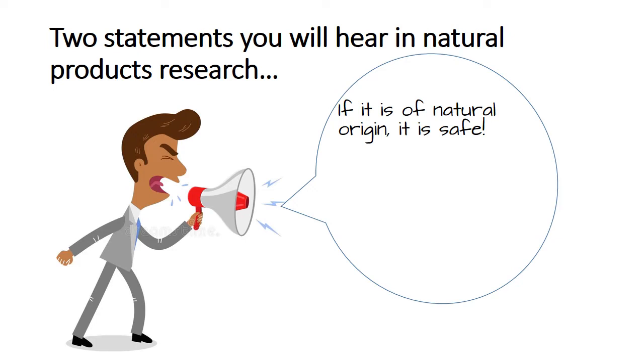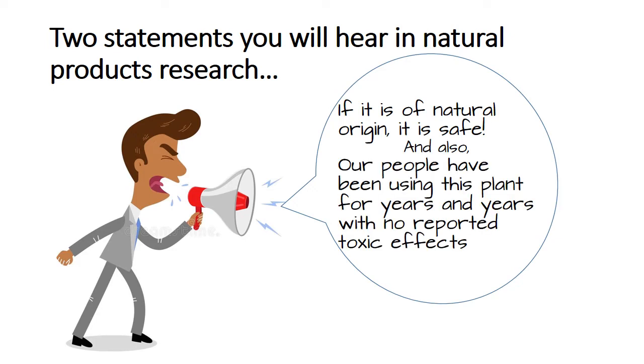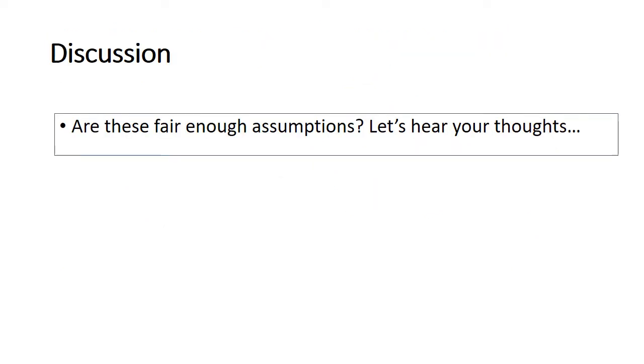The second one, they say, if people have been using this plant or herb for years and there have been no reports of adverse effects, then what are you worried about? It's safe. Our people have been using this plant for years and years with no reported toxicological effects.